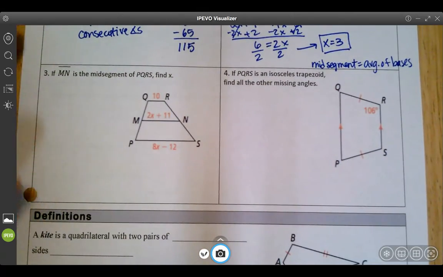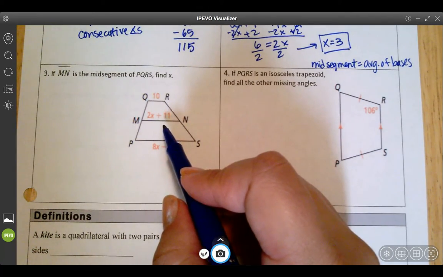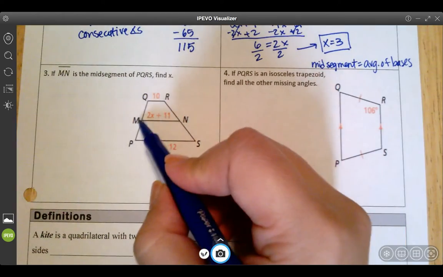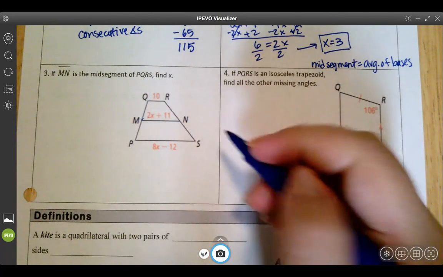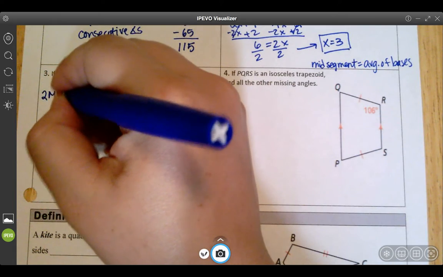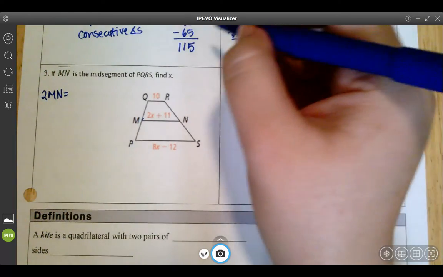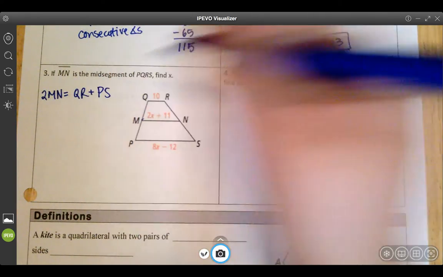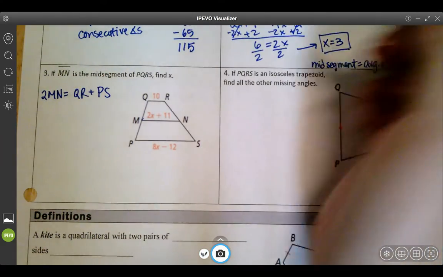Our next example, we have another midsegment, so we're going to use the same formula. I'm going to go ahead and skip to the second part where we had multiplied by 2, so 2 times the midsegment is the sum of the bases. 2 times MN equals QR plus PS. And again, we're finding x.